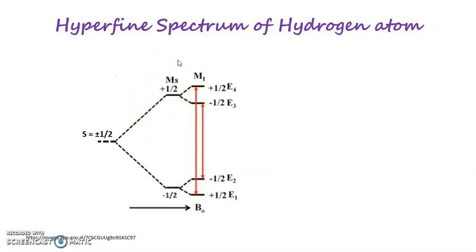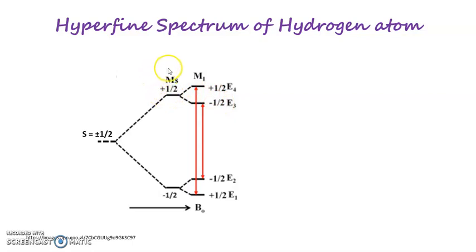Each of these electron sublevels interacts with the nucleus, giving 4 sublevels designated by the value of Mi, that is, plus or minus half.